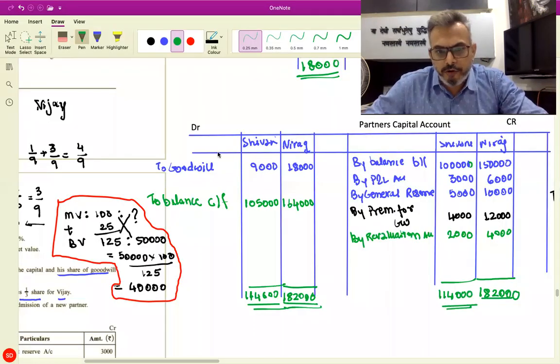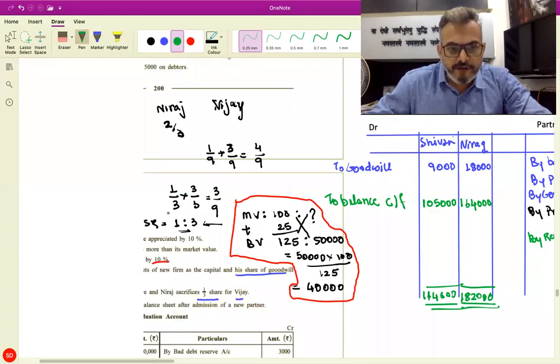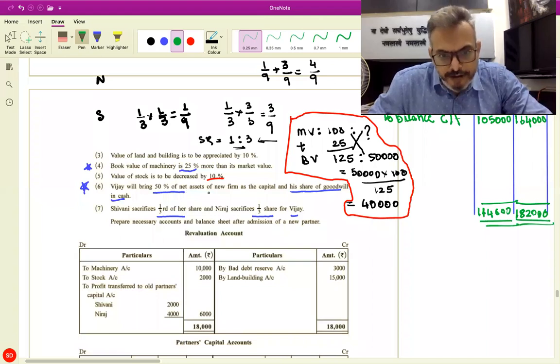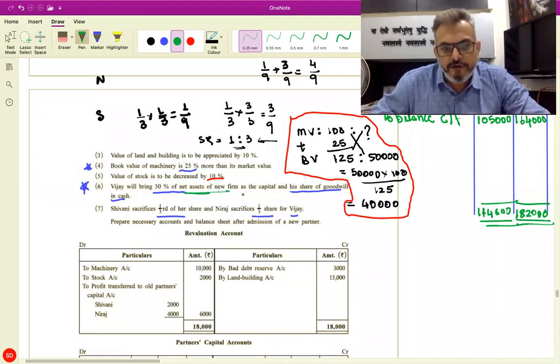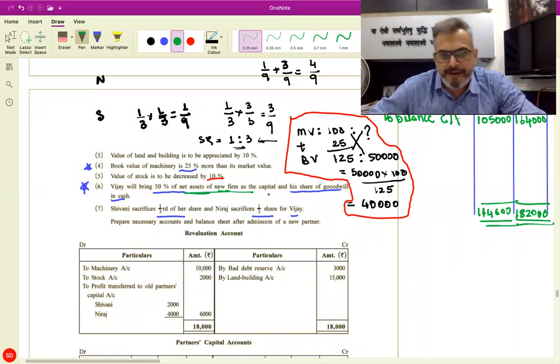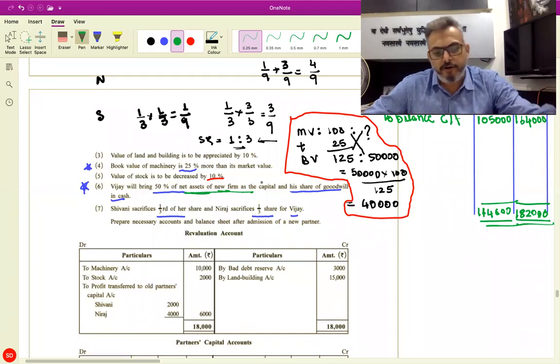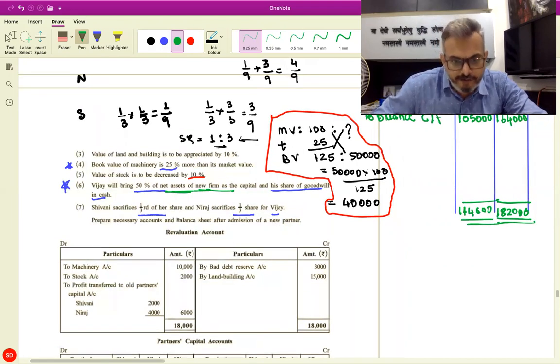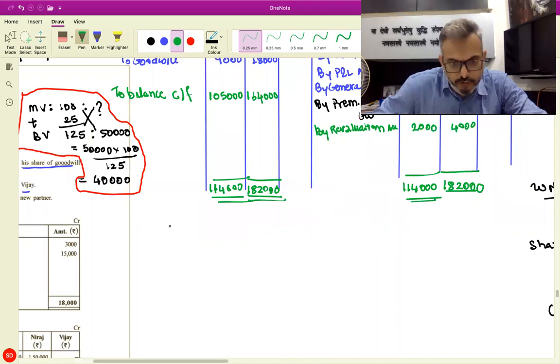Now, I go to the adjustment. Adjustment ने ऐसा कहा है, Vijay will bring 50% of net asset of the new firm as capital. Now, what is net asset? Net assets, I write working note.